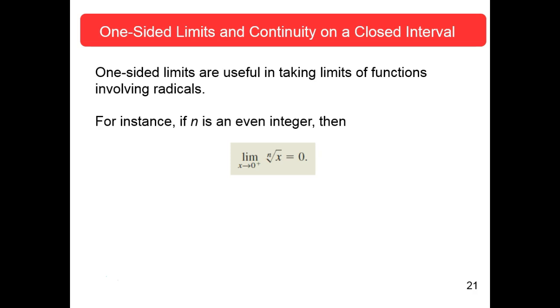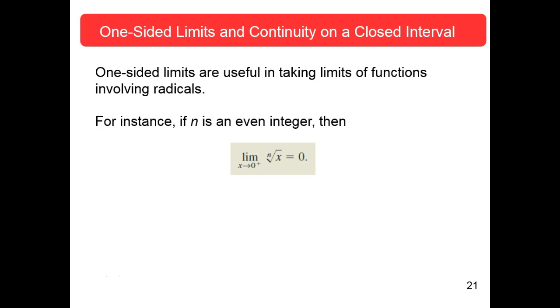If n is an even integer, 2, 4, 6, 8, 10, whatever, what would that be? Undefined. You can't take the even root of a negative number. You can't take the square root of negative 3 or negative anything. It's not defined. Cube root, yeah, no sweat. Fifth root, 17th root, no sweat. 16th root, no way. Not if this is negative.